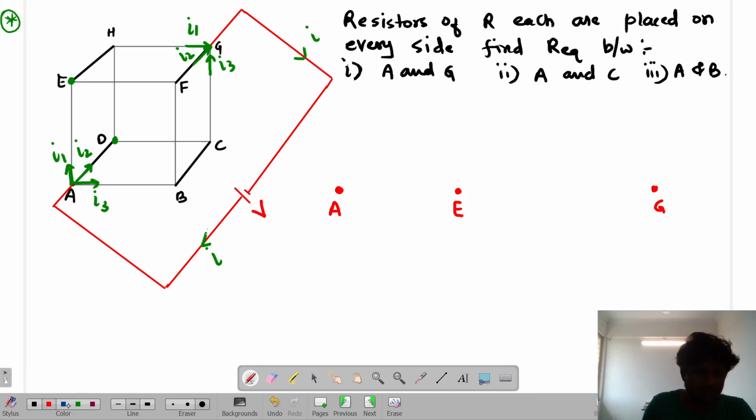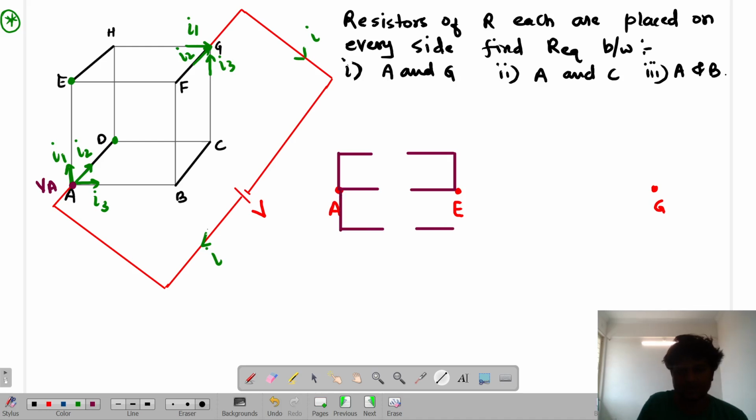Now look over here. Let's suppose point A has potential V of A. V of A is for how many resistors? Can you identify? One, two, and three. Each has one resistor. So V of A is there for three resistors.